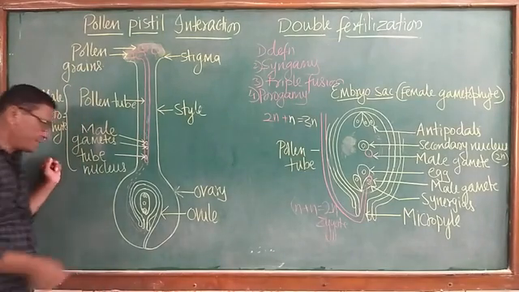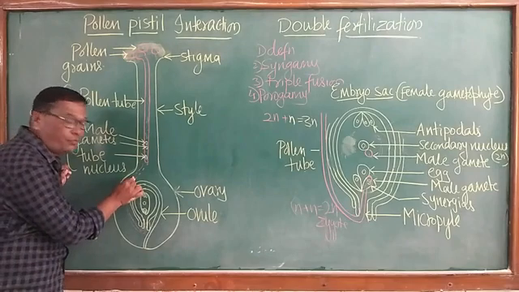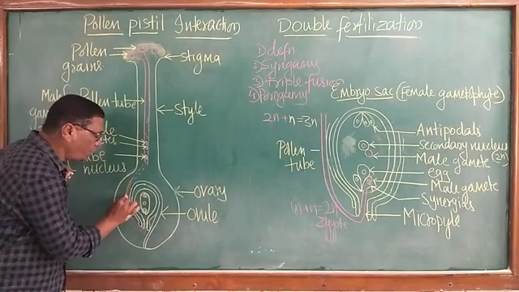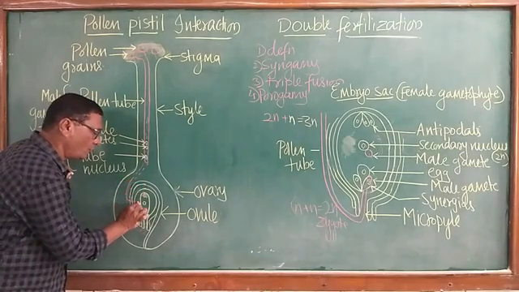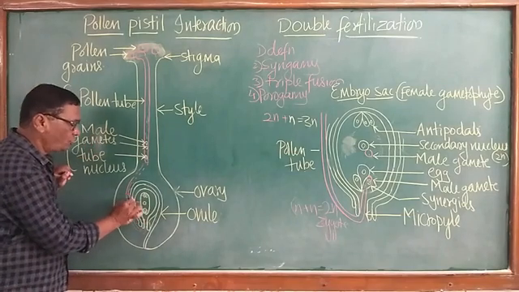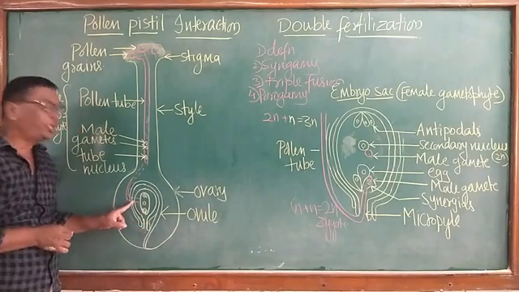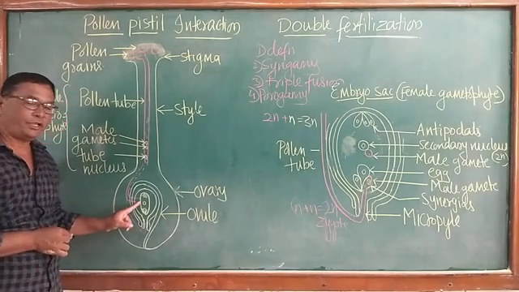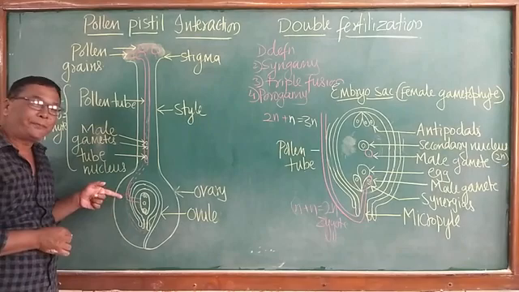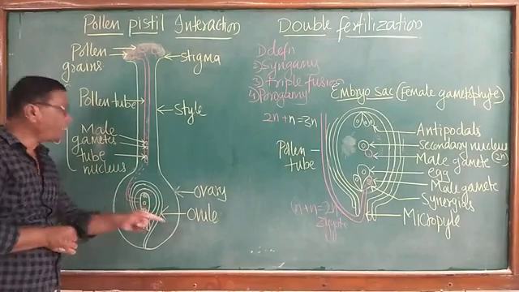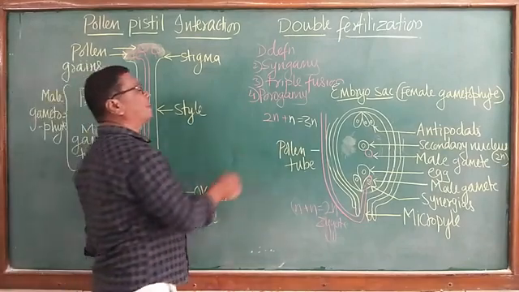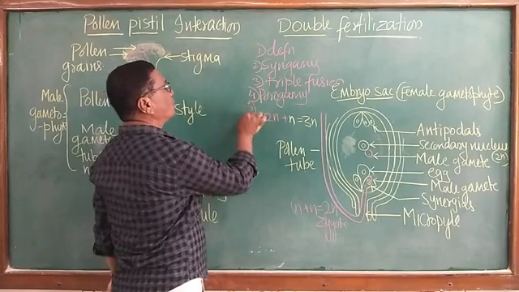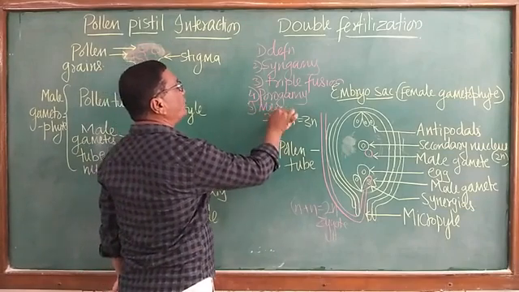In some plants, the pollen tube may enter into the embryo sac through the integuments. When the pollen tube enters the embryo sac by piercing the integuments, the process is known as mesogamy.